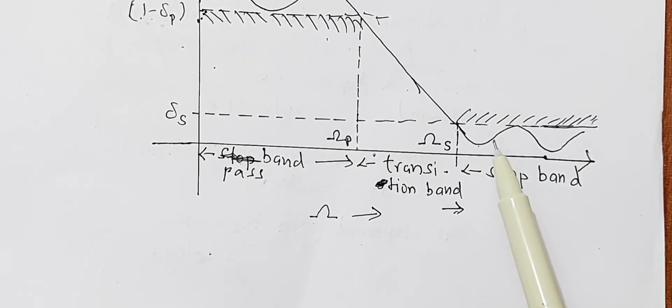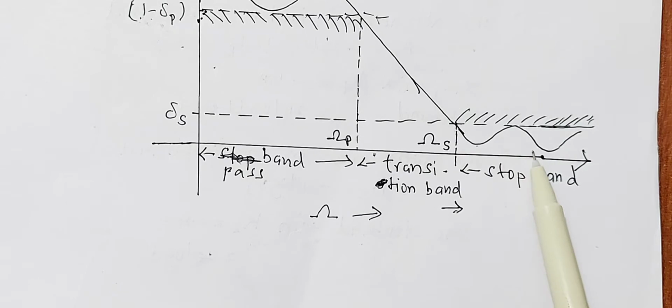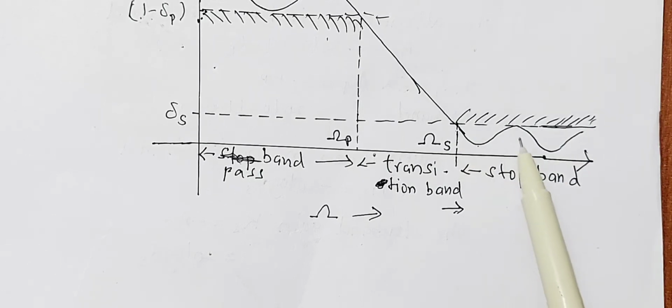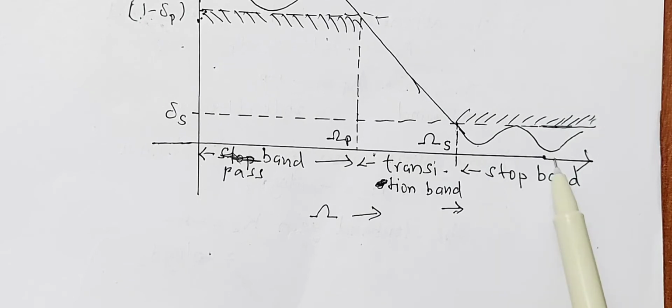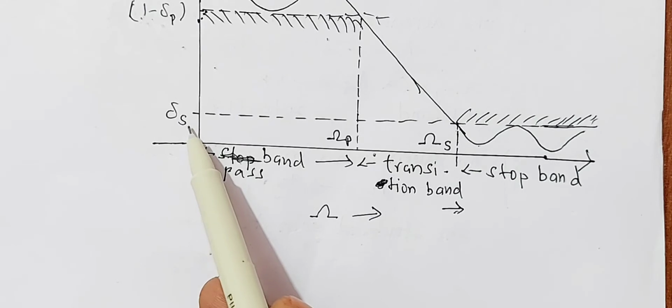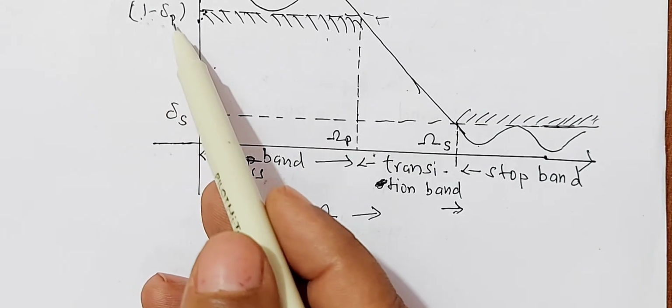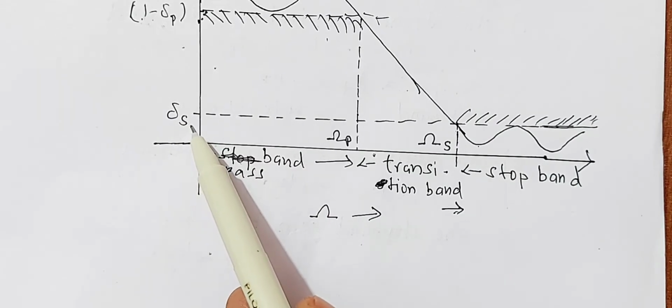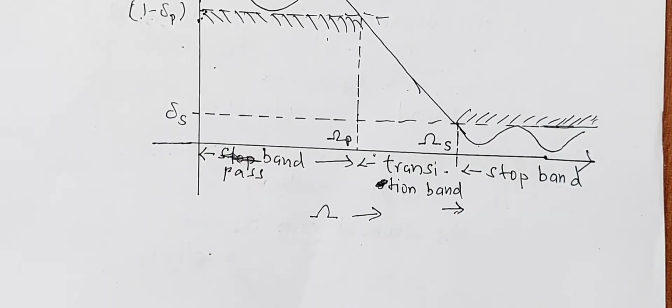It may have some small value, say 0.1. 0.1 is also almost equal to 0. Therefore, this small change in the stop band is also called tolerance, given by delta S. So, delta P represents the tolerance in the pass band, and delta S represents the tolerance in the stop band.